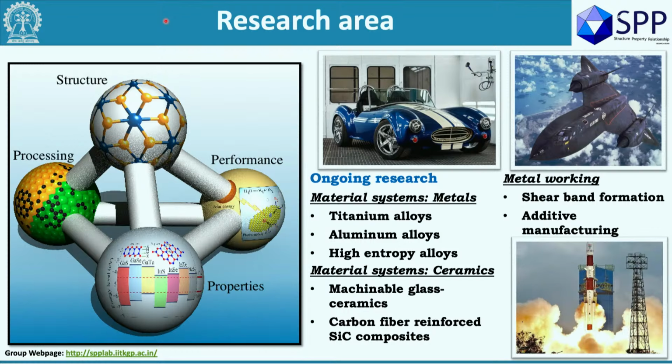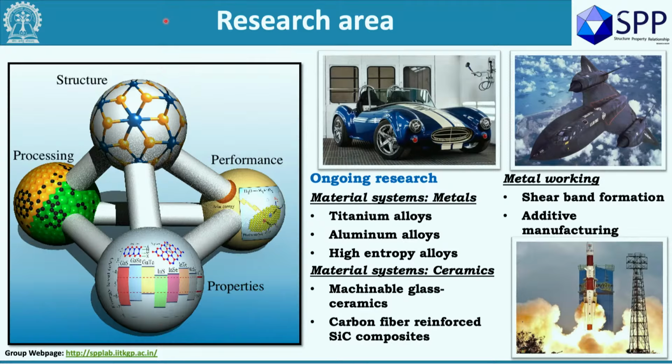Okay, so this is our research area, and these are some of the material systems. I largely work on the structure-processing-property domain, and we mostly work on metals and alloys, and among them titanium is at the top, and we also work on aluminum.